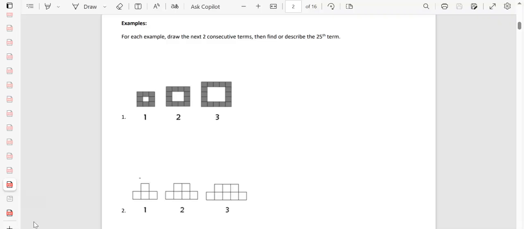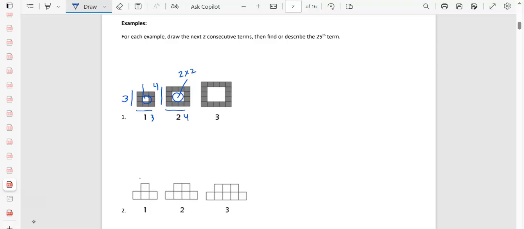So in example 1, what I'm noticing is for term 1, I have a 3 by 3 square with a hole missing in it, right? For the second term, I have a 4 by 4 square with a 2 by 2 block missing out of it.